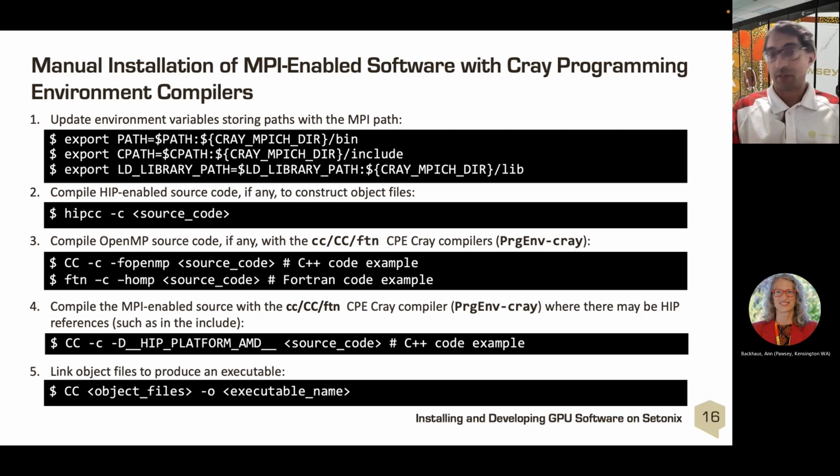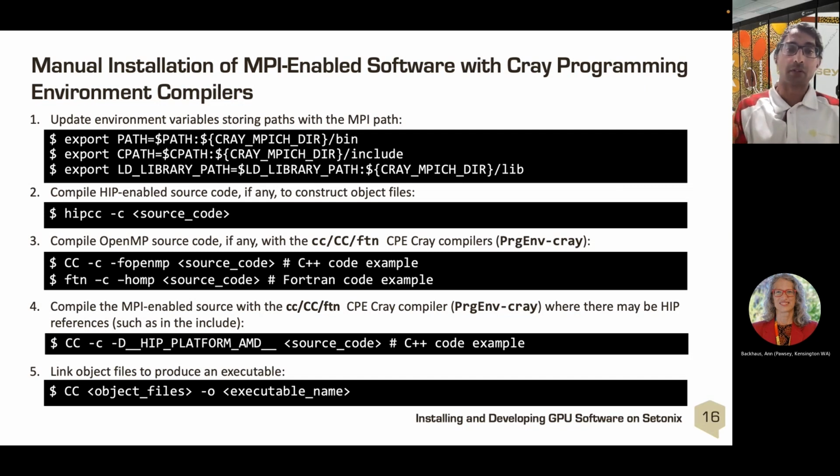And then you compile any MPI-enabled code, so code that contains MPI calls, with the Cray-provided compiler wrapper. They automatically add a bunch of flags, but it's good to do the export beforehand. And you also need to specify that the HIP platform is compiled specifically for AMD, and then you can construct your final executable.